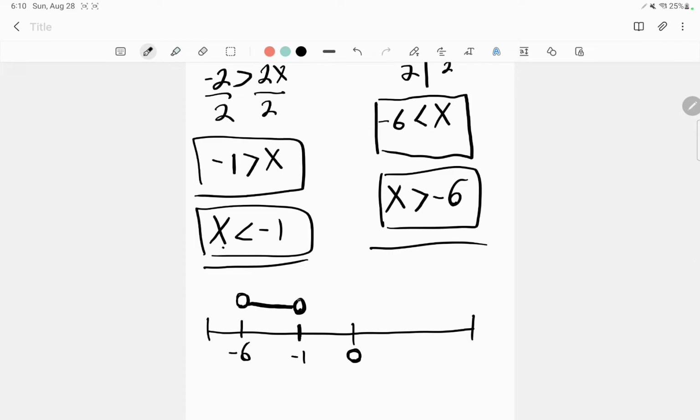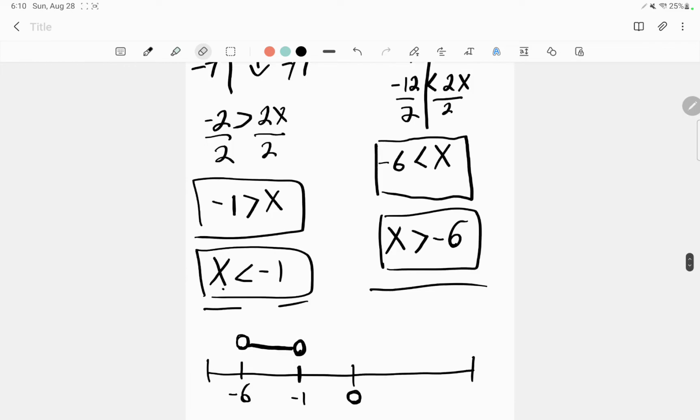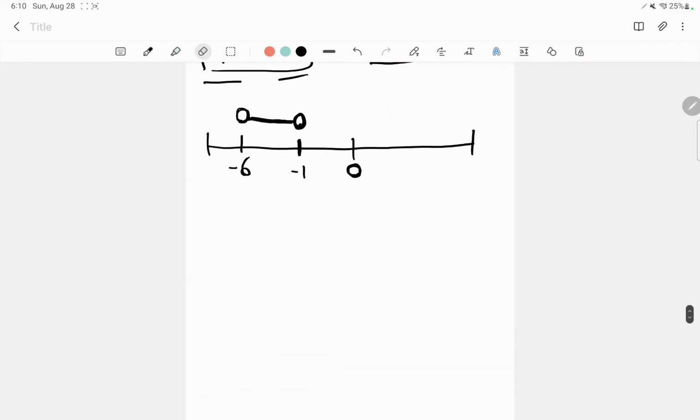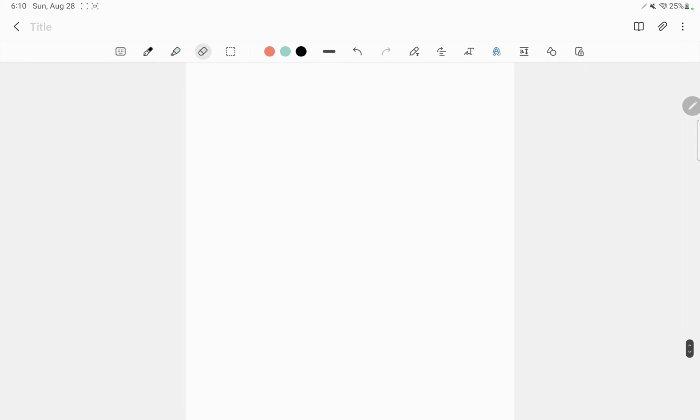So my answer has to be less than negative 1, so it has to go this way. But also my answer has to be greater than negative 6. So just keep that in mind. That's why I drew it just like that. That's where it stopped. It doesn't keep going. I know a lot of people get confused with that. But no, just keep that in mind. Now I'm going to go ahead and do my other problem.